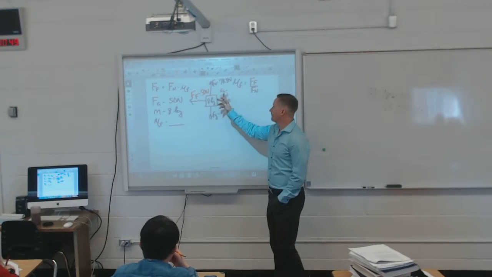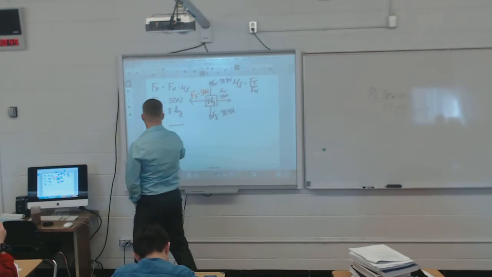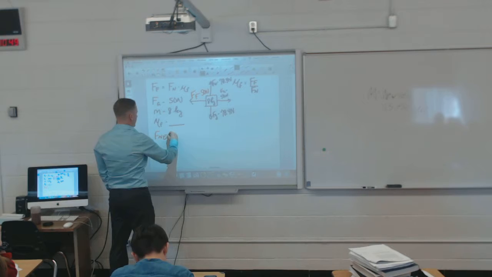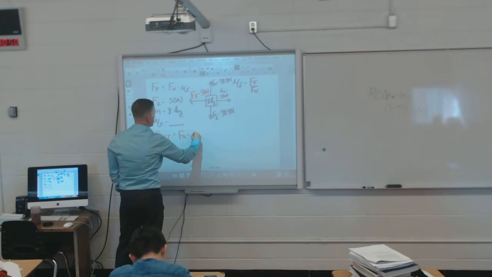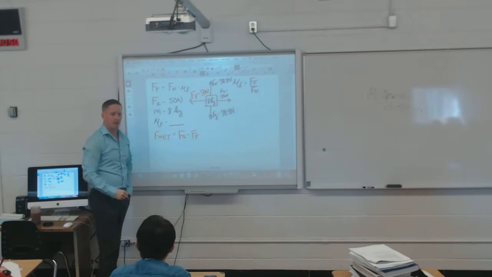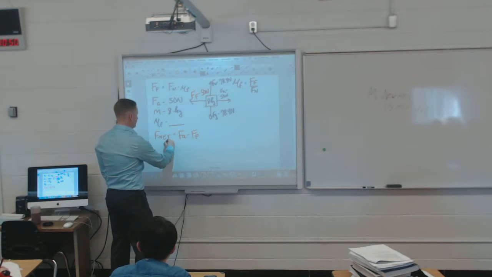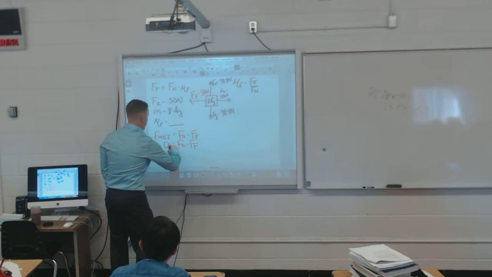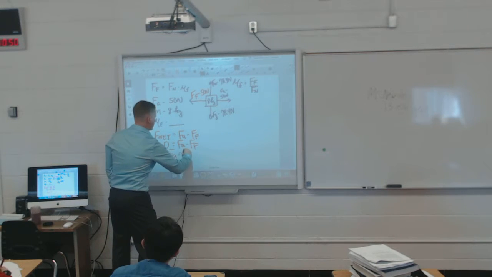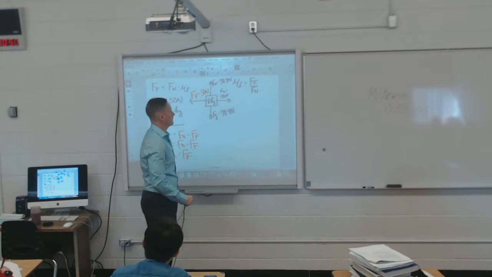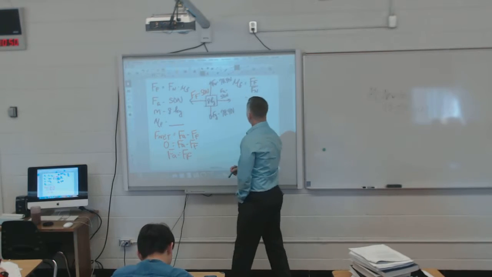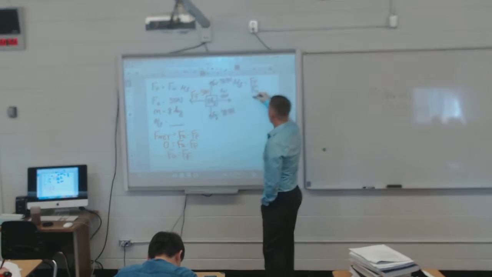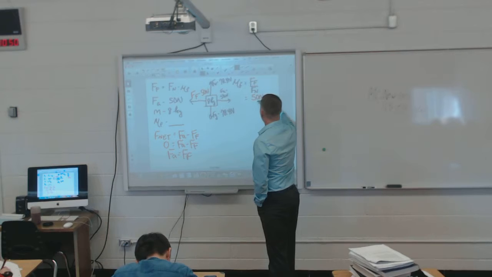Which means then my applied force is equal to my force of friction. So we go back to this. Net force equals applied minus my force of friction. My net force is 0. Therefore, my applied force is equal to my force of friction. So my force of friction then in this question is 50 newtons.